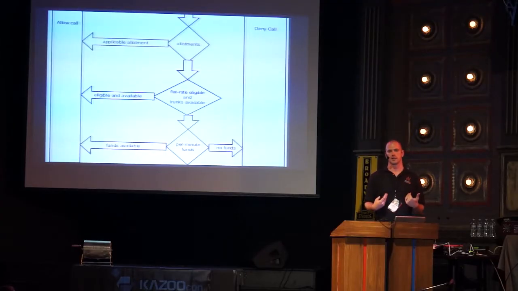The other thing about flat rate trunks is that we have white and blacklist regexes that you can use to determine whether this is an eligible number for a flat rate trunk. For instance, in the US, we would put a whitelist regex on US formatted numbers, which means that only US numbers would be allowed to be flat rated. Does that make sense? Which means any international dialing will never use your flat rate trunks.